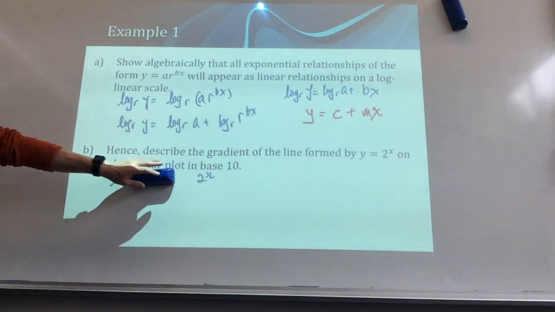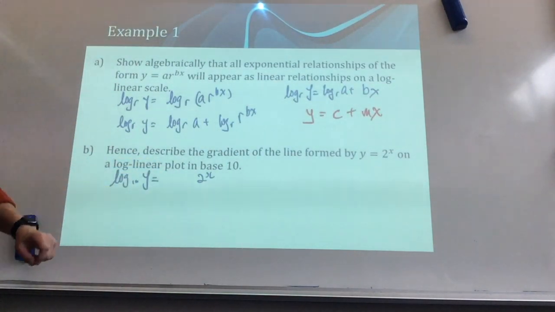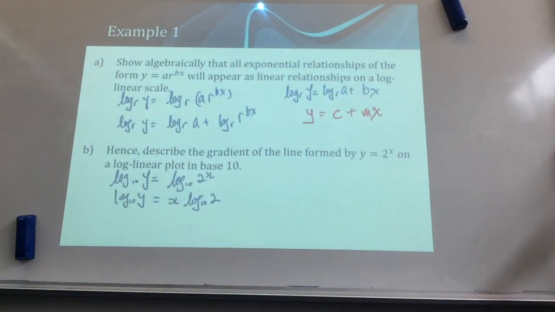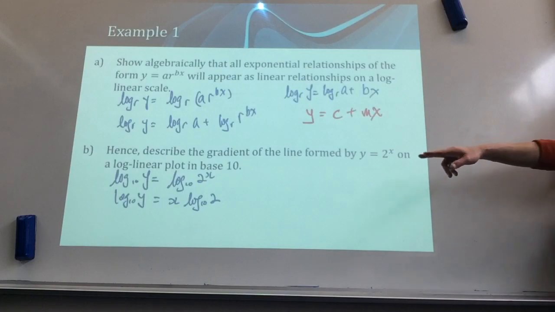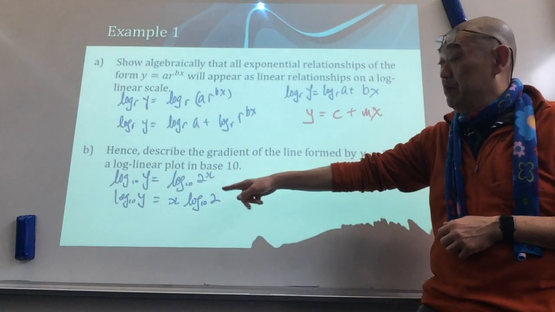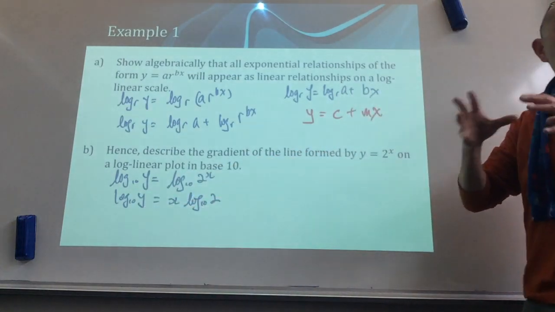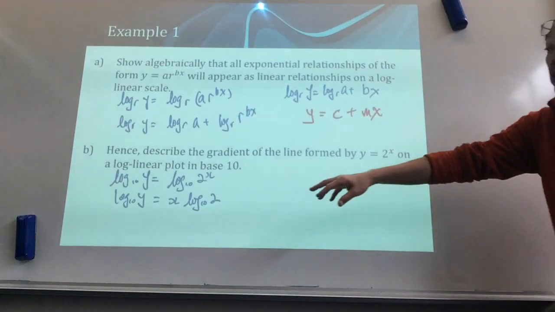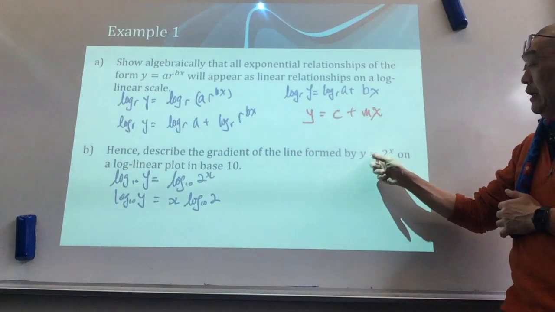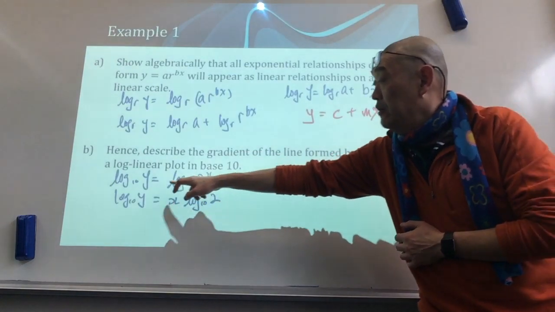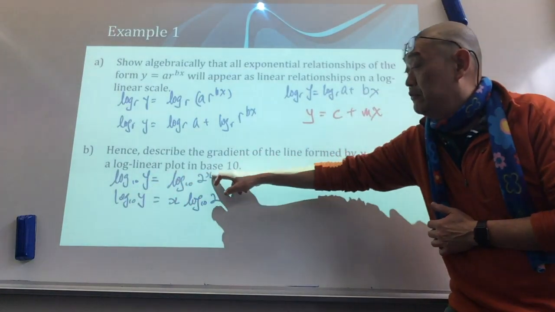All right. So now, can you describe the gradient of the line formed by this? If I use log of base 10, what would happen here? Log of y is variable because y changes based on x, right? So now if y = 2^x, if I plot a log-linear graph, I've got log10 of y = log10 of 2^x.